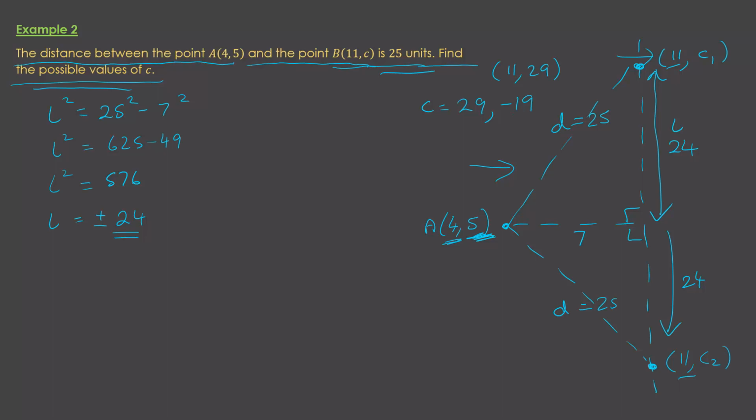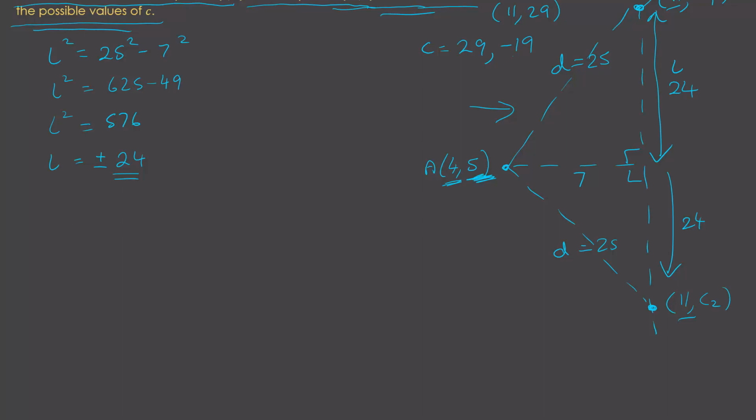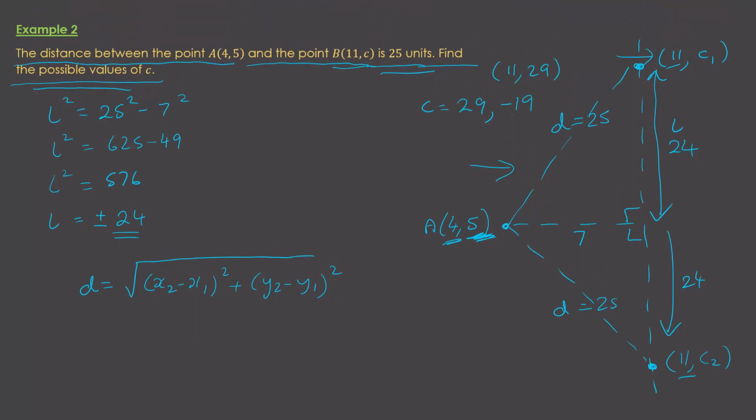But we could, of course, also use the distance formula. So D is equal to the square root of (x2 minus x1) squared plus (y2 minus y1) squared. And what I'm going to do here is call (4, 5) (x1, y1) and (11, C) (x2, y2).